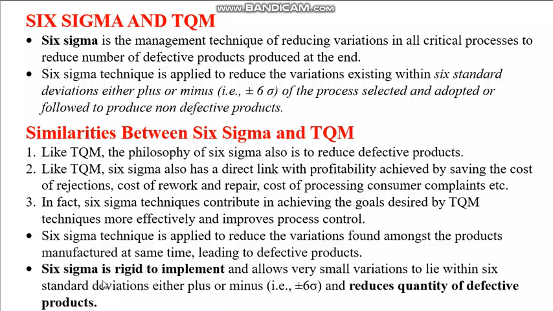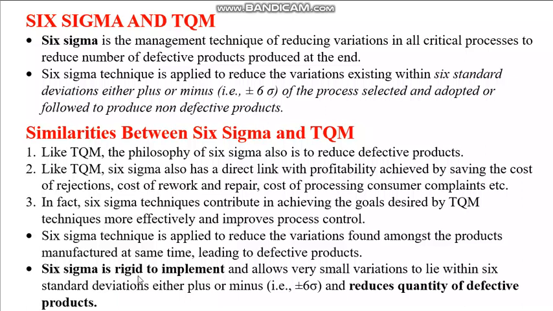Now Six Sigma is a rigid technique to implement and allows very small variations to lie within the Six Sigma deviations, either plus or minus, to reduce the quantity of defective products. Yeah, this is another definition. Here they are saying it is rigid to implement. Rigid to implement means there is no leniency.